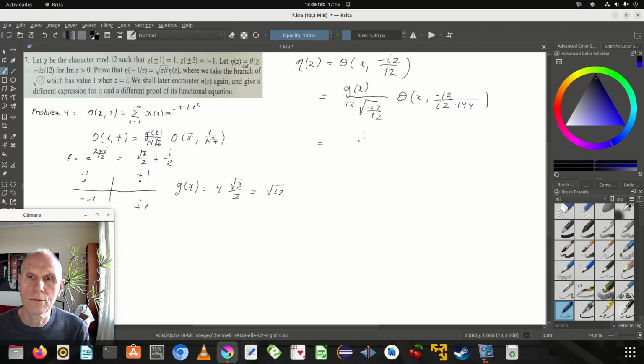So it's 1 divided by the square root of minus I z, theta of chi, and we put I up here.